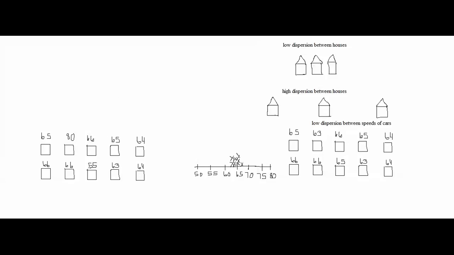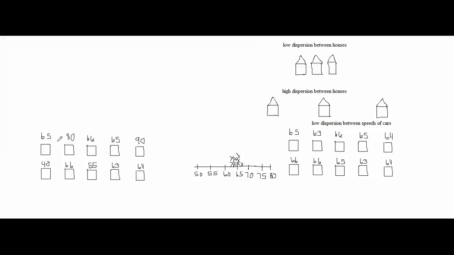And maybe we have some other cars going at some other speeds. Maybe one car is even going 90 miles per hour. And one car is going very slowly at 40 miles per hour, which would be slow for driving on a freeway.